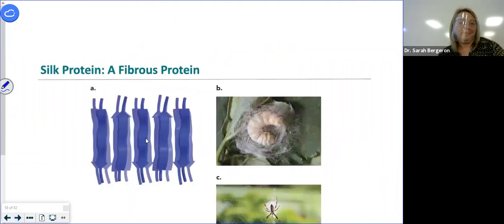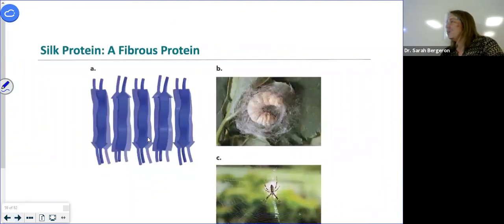Okay. Silk is another one of those super strong polymers, right? Y'all have heard that? A spider's web, the silk in a spider's web is stronger than steel. Heard about that, right? It's not as flexible, but it's stronger. So it's actually lots and lots of those beta sheets laid one on top of the other and packed really, really tightly.